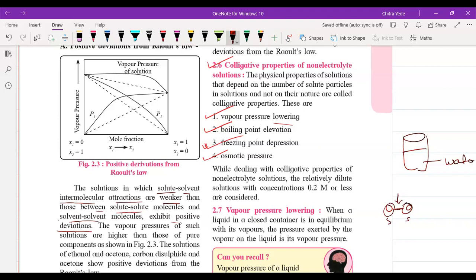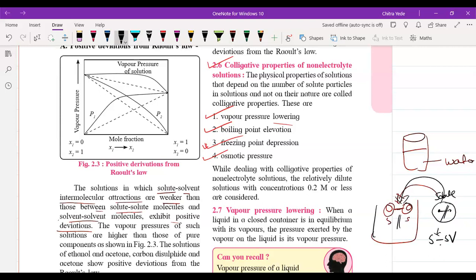Suppose this is the solvent, and if we add solute here, then solute and solute interaction we have. When we add this solute in solvent in order to form solution, these bonds are going to break and solute and solvent interaction takes place.